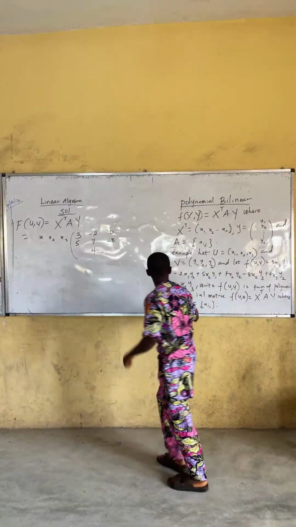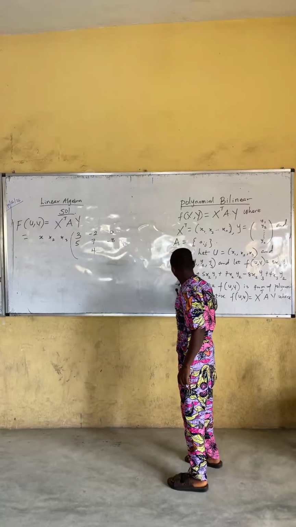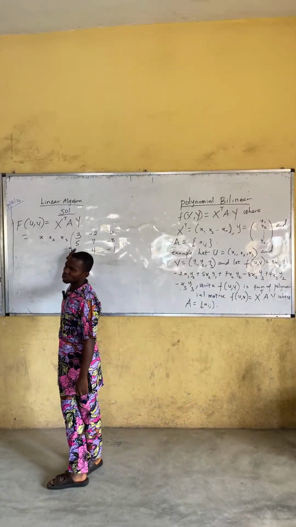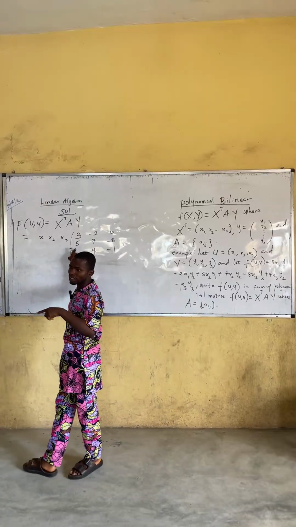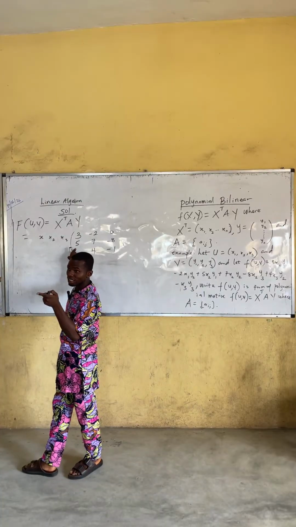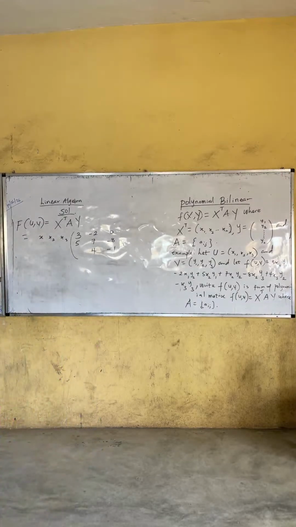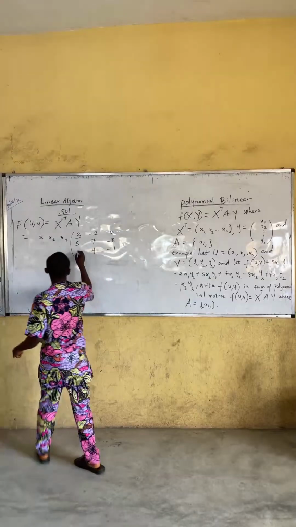There is an invisible one here, which is minus 1. Now, is there x3, y1, which is third row, first column? No, 0.